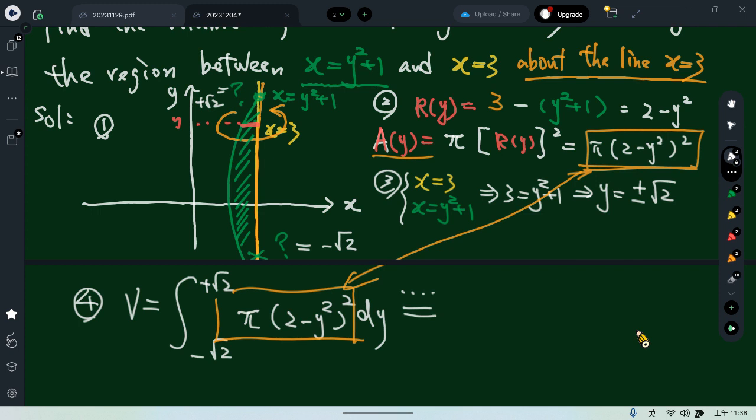Finally, the result is obtained. So for this example, there are two most important things. The first is that the rotation axis is the same as its boundary. The second is that you need to use this minus this to get the radius.